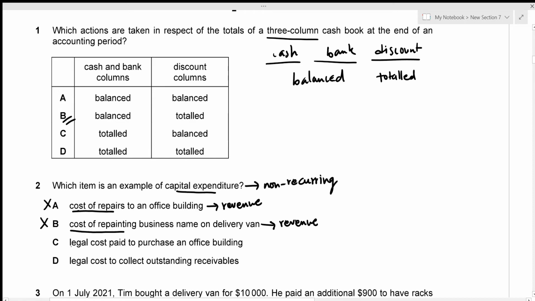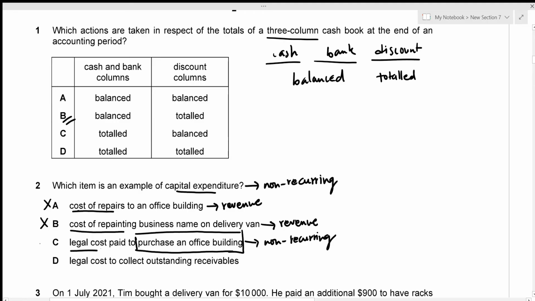The third one we have is a legal cost paid to purchase an office building. So when we purchase an office building, that's not something that's going to occur frequently. So this is a non-recurring expense. And we're talking about the legal costs paid to purchase an office building. So if this event is only likely to occur one time, then the legal cost paid for that event is also going to occur only once, which means that this is an example of capital expenditure.